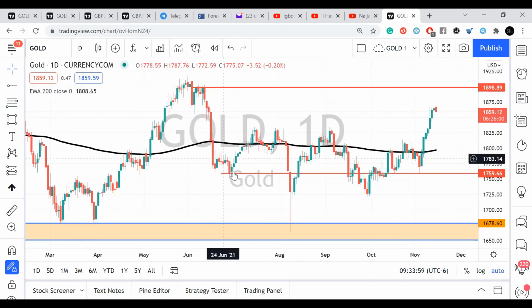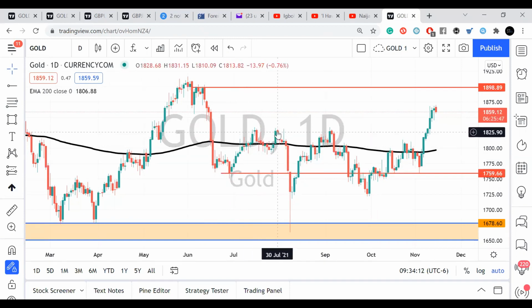Then we had this structure. Then price gave us a pullback. Price from here gave us a pullback here to this level actually. Then we had a price pullback here. Then price also made a retest of this support.